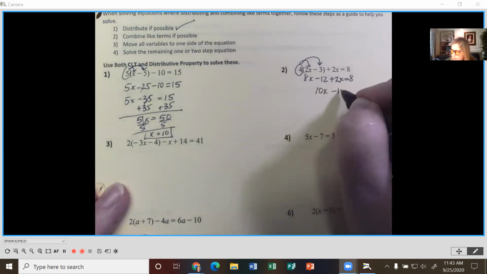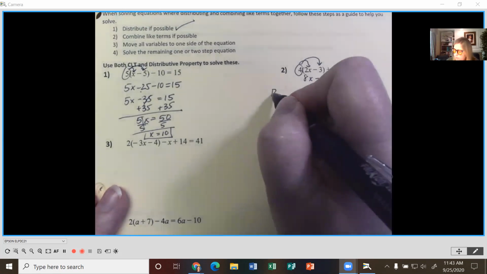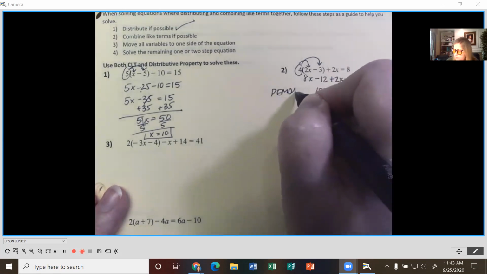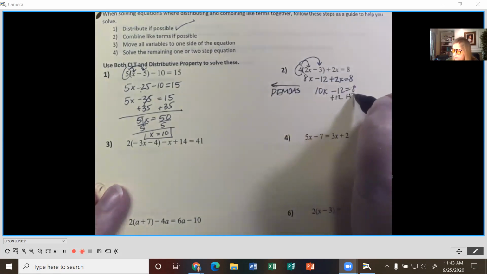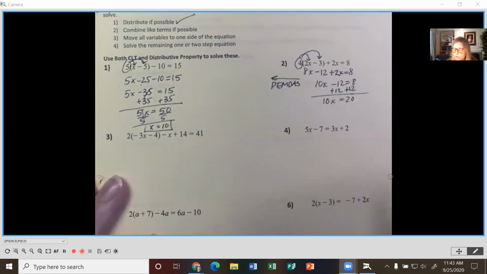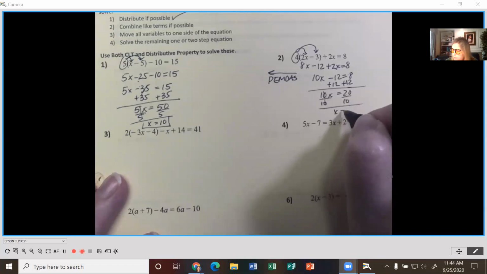Bring down the minus 12 equals 8. Okay, we distributed, we combined like terms. All of our x's are together. Now I'm just going to use my order of operations in reverse. Add 12 to each side. This gives us 10x equals 20, and then divide each side by 10. That gives us x equals 2.